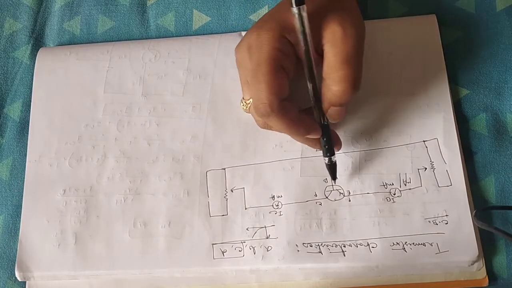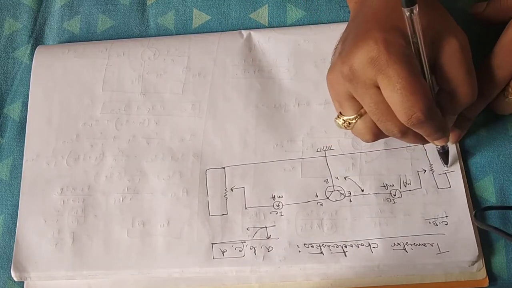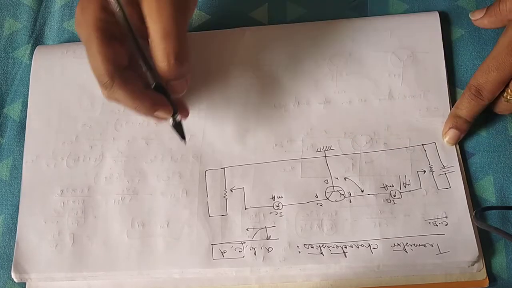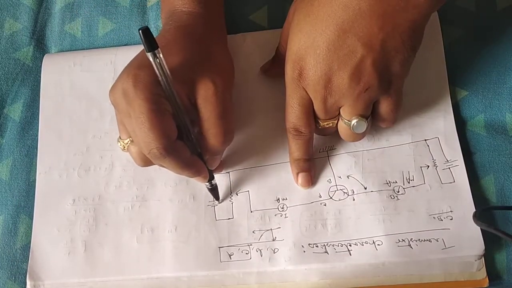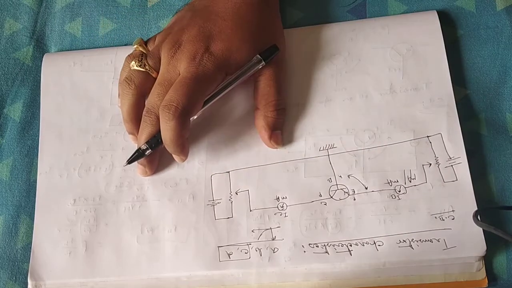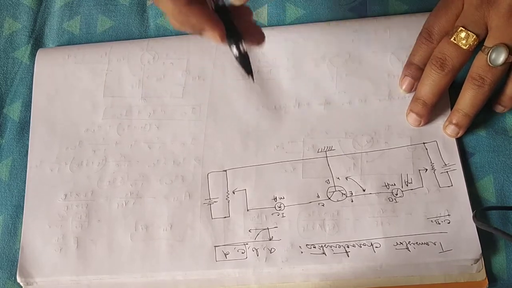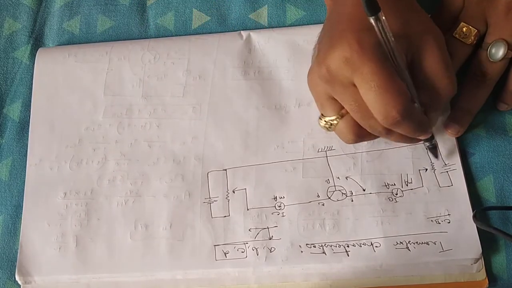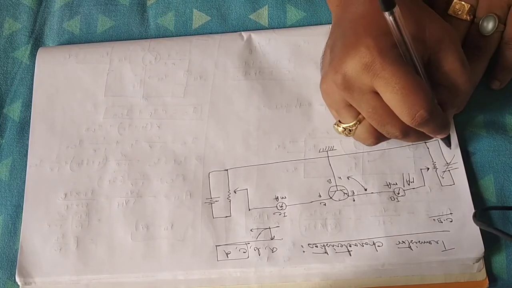So the emitter base junction is forward biased. P should be connected with the positive side of the battery like this. And the collector base junction is reverse biased, so this will be connected with the negative side of the battery like this. Okay, very simple. Instead of this circuit, you can also show it with an arrow sign for the battery.